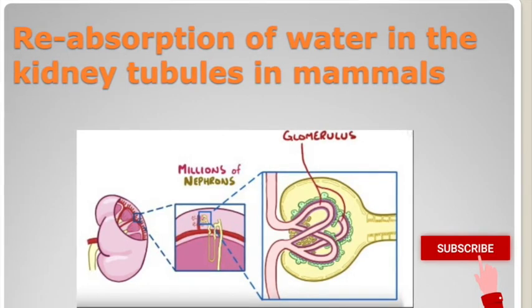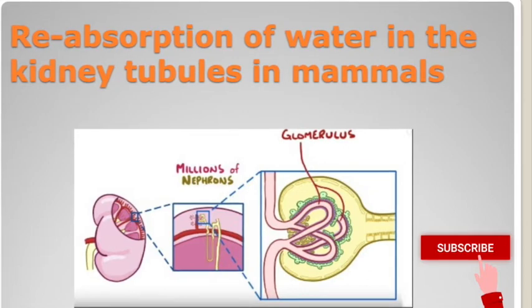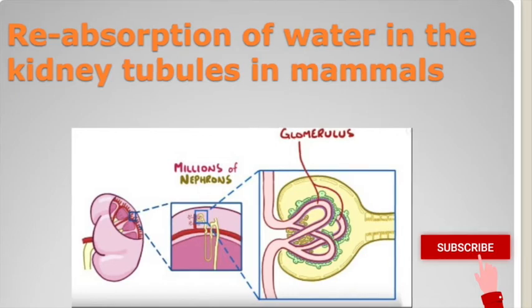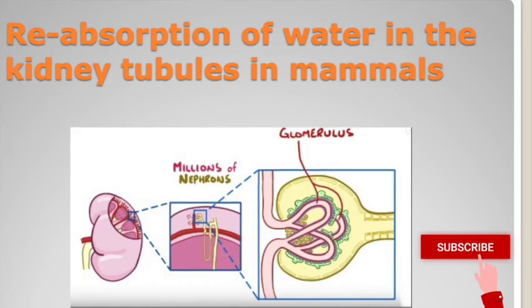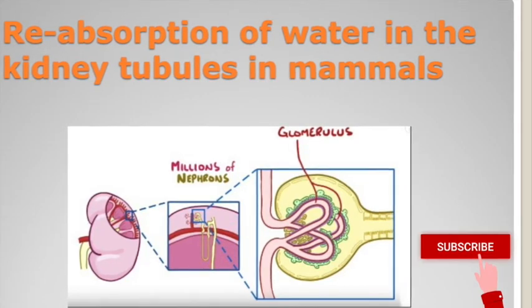The kidney is made up of single units called nephrons, and we have millions of them in the kidney. The kidney is responsible for removal of waste substances. So the nephrons are those that perform the function itself. And what happens is that whilst the blood is passing through those tubes in the glomerulus, waste materials will be forced out, and it will pass through those convoluted tubules.